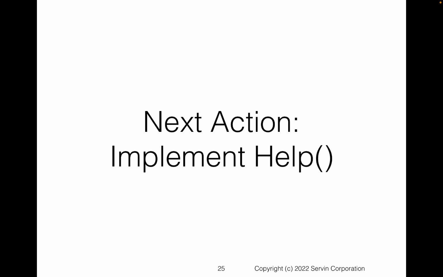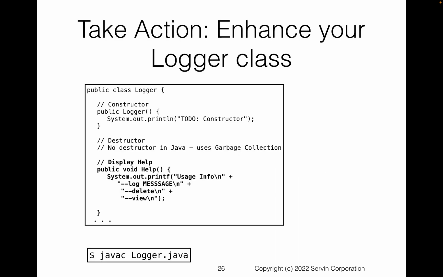Your next action is to implement help. So here you enhance your logger class. You have the public class Logger, and you add this method display help. Notice you go ahead and add a printf. We use the printf for print formatted, and notice we have a string. We concatenate the string, and we put the usage information there, the \n being the new line character.